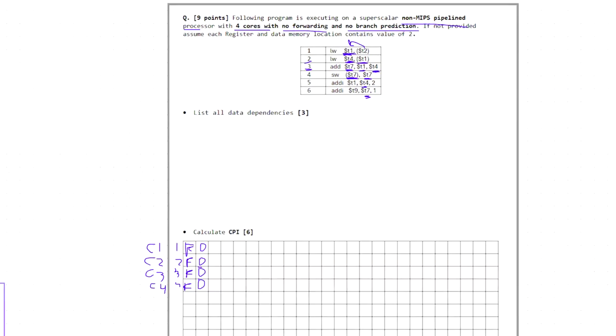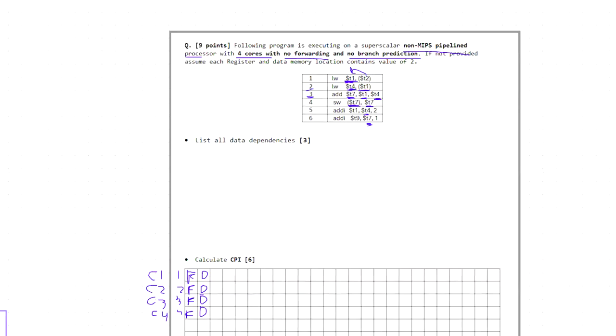So now at this point, decode dependencies. I've got to decode 4 times the dependencies now. Yikes. Instruction 1 doesn't have any data dependencies because it's the first one. So instruction 1 can just continue. This is a load, so fetch, decode, exec, mem, and write back.